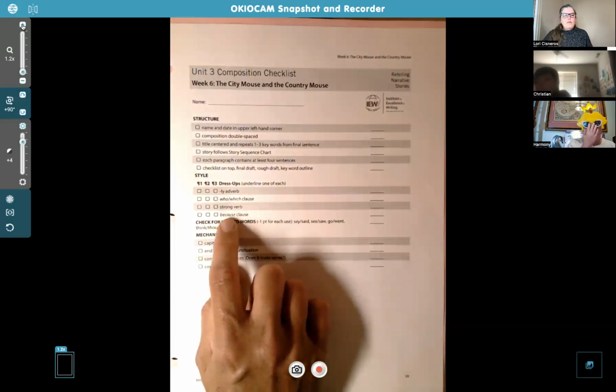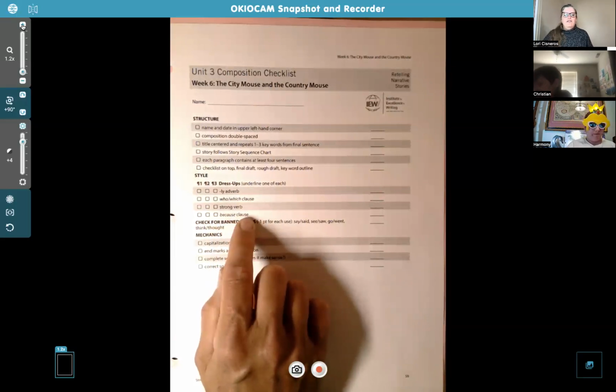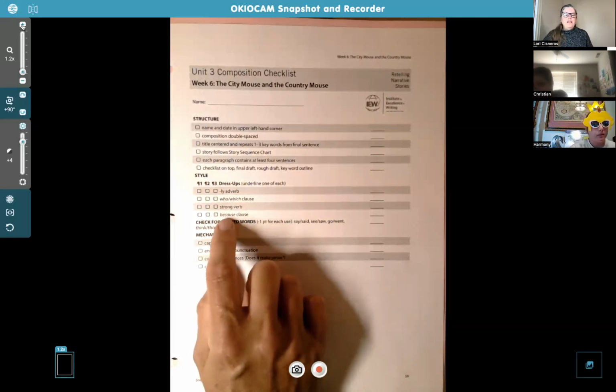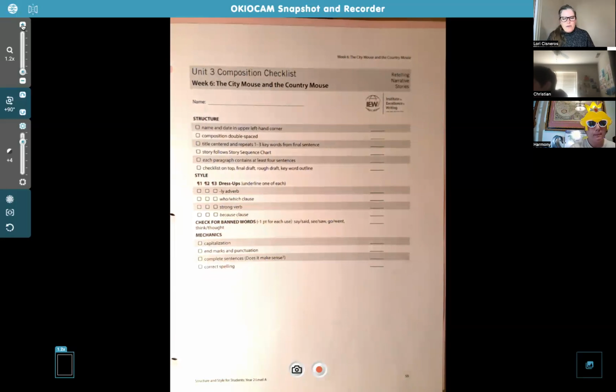But now we have a because clause. LY adverb, who, which clause, strong verb, and because clause. That's probably one of the easier ones because you're just telling why something is the way it is. So you're going to tell the reader something is the way it is because, okay, that's when you use it like, let me think of an example.